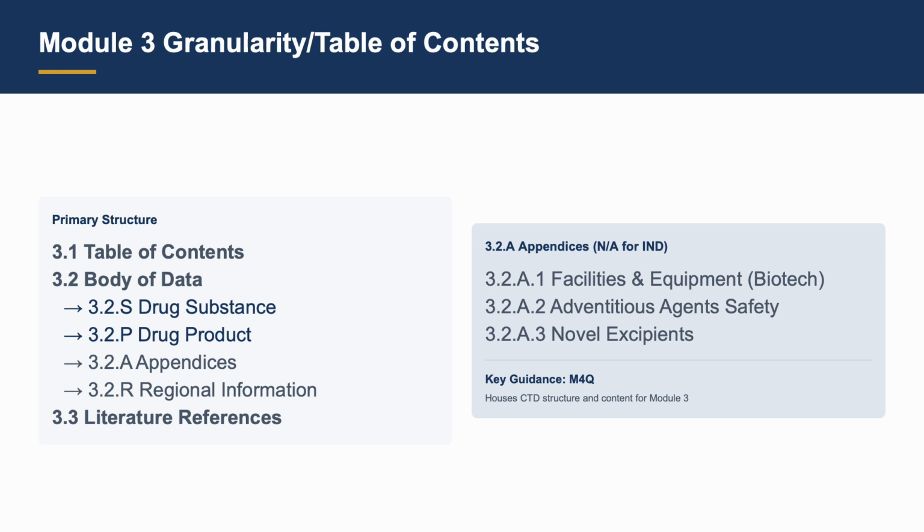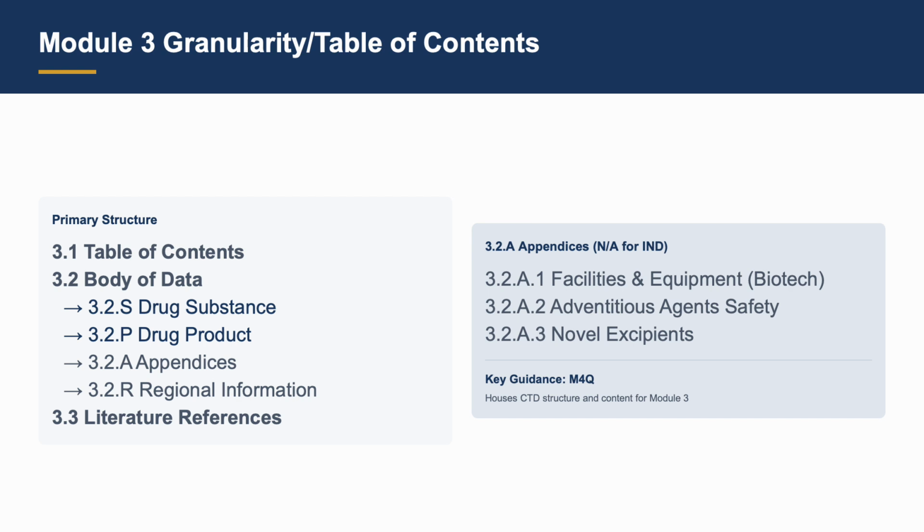The Module 3 Table of Contents establishes the organizational framework for all quality documentation in your submission. Understanding this structure is essential for properly organizing and navigating Module 3 content. Section 3.1 is simply the table of contents for Module 3 itself.